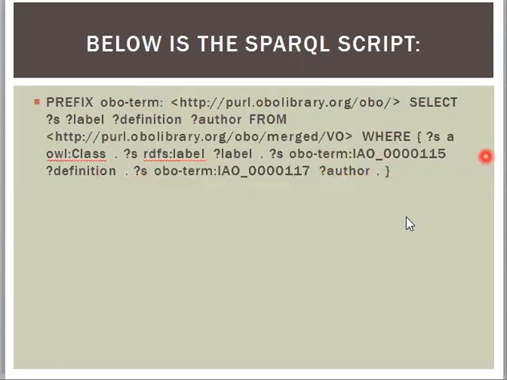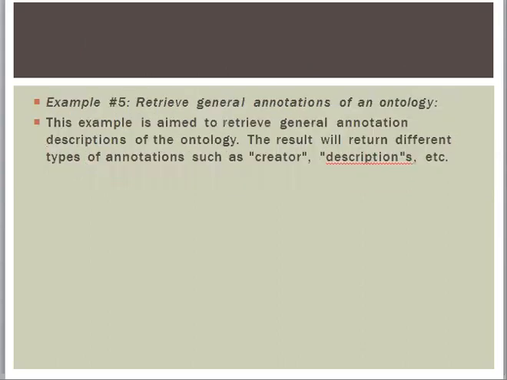So over there, the author can obviously be a person. So the data will be fetching the result as per the author, which are mentioned, described, defined in that particular ontology.